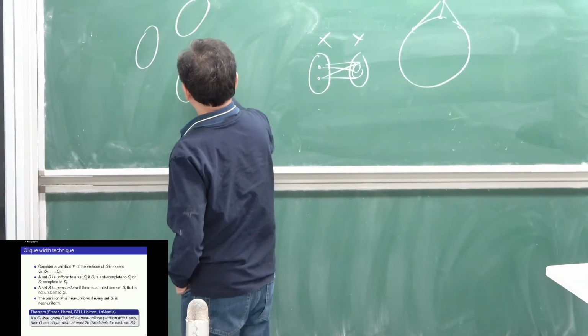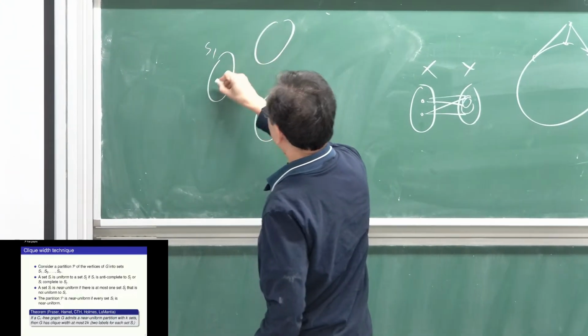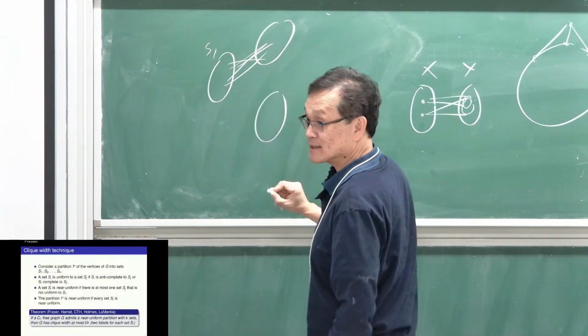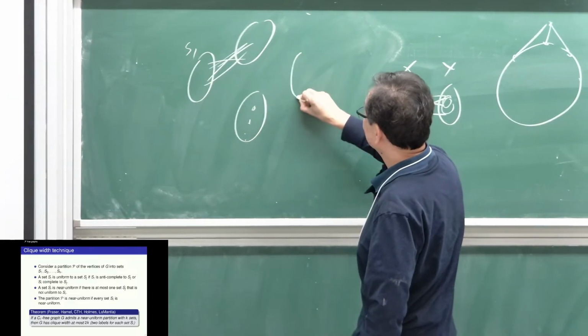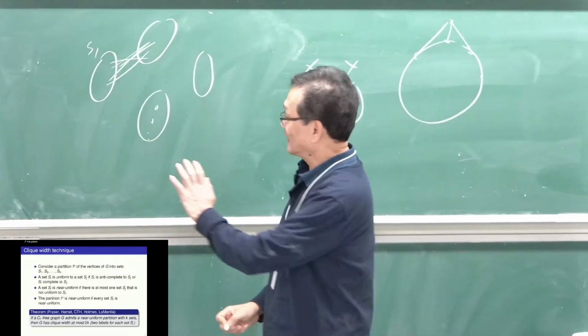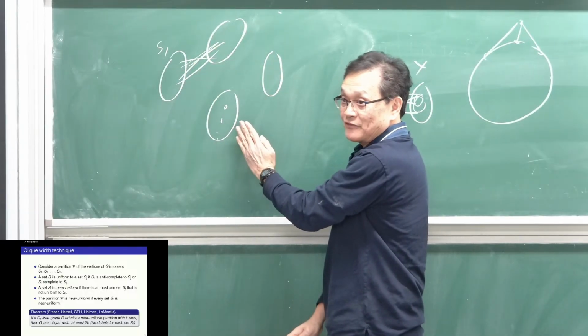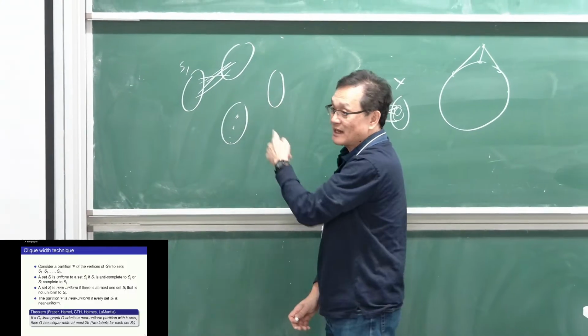I fix my attention on the set S1. Everything else is uniform to it, meaning everything else either has all edges or has no edge. Then I do it by induction. I remove it, and by induction I can build the graph. And not only that, I require that these sets have different labels.